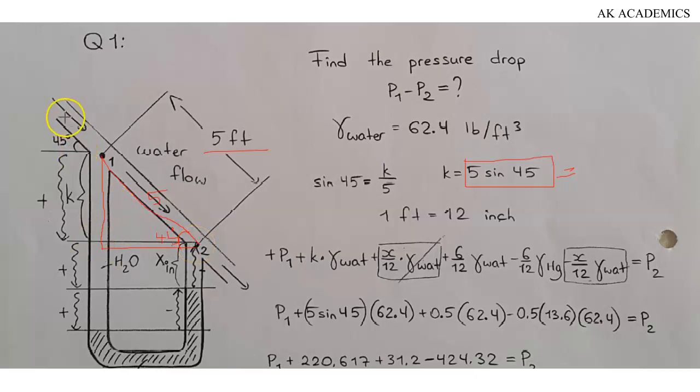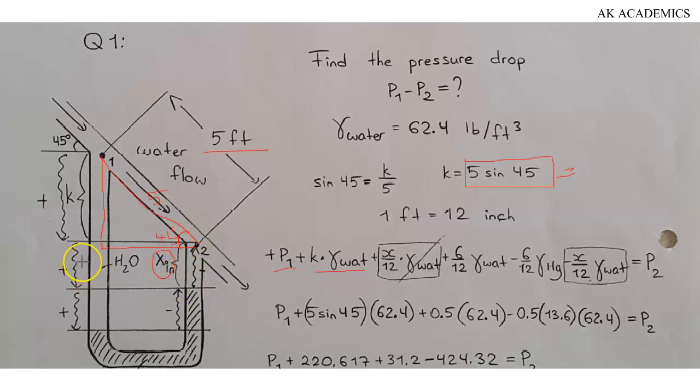So let's begin. This is going to be pressure at point 1, that is P1, plus pressure due to height K, which is going to be specific weight of water multiplied by K, and that's exactly what we do have here, plus pressure due to water here. This height is going to be equal to this height that we have right here, and that is x inches. The height we have here is x inches.